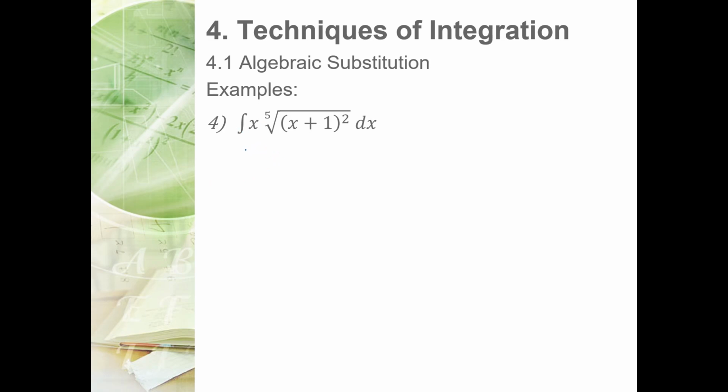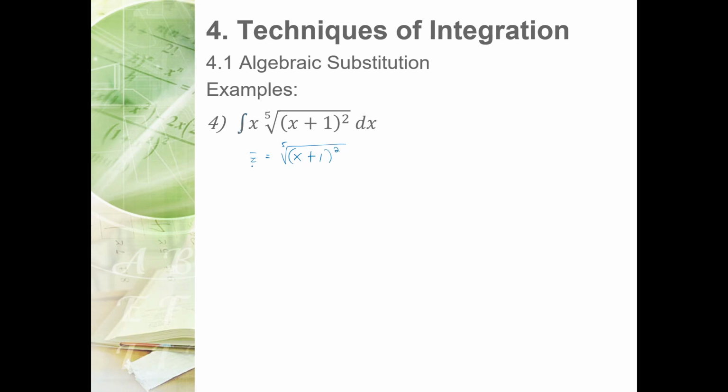Okay, so this one is correct, but what we need to do is again try the z substitution. So let's say z is the fifth root of (x plus 1) squared.